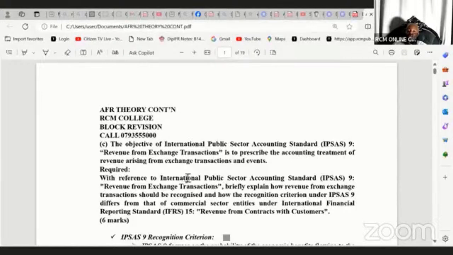Required: with reference to IPSAS 9, briefly explain how revenue from exchange transactions should be recognized and how the recognition criterion under IPSAS 9 differs from that of commercial sector entities and International Financial Reporting Standard IFRS 15, revenue from contracts with customers.